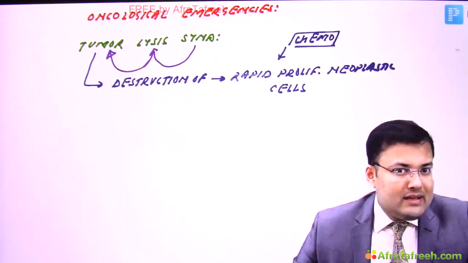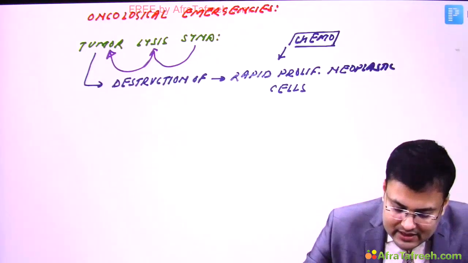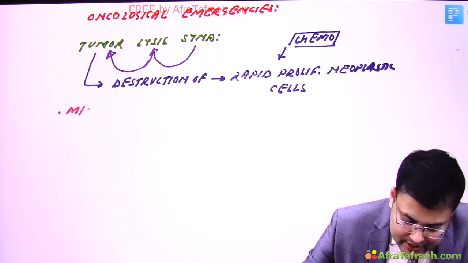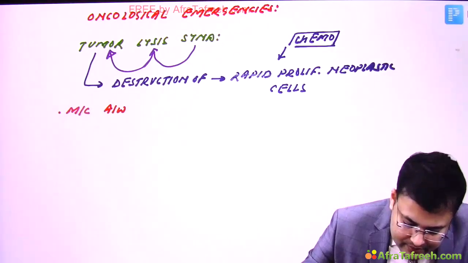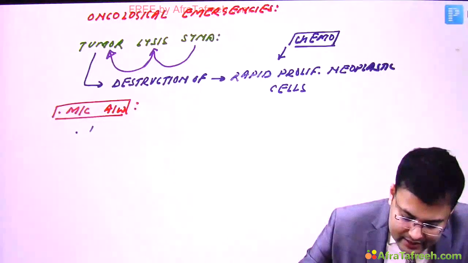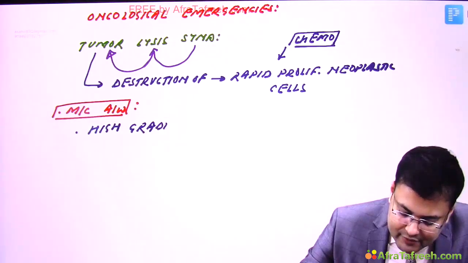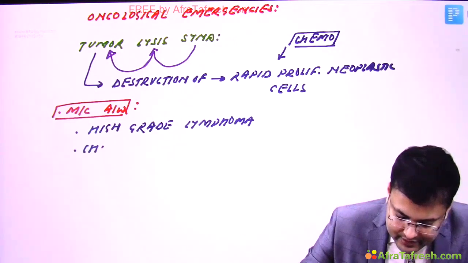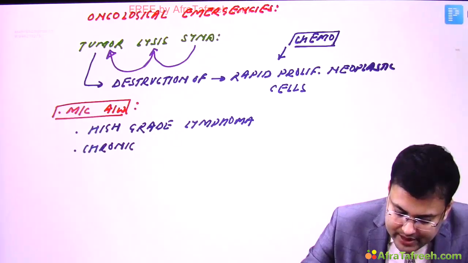So what are the malignancies in which tumor lysis syndrome is commonly seen? This is most commonly associated with, first, high-grade lymphomas, chronic leukemia.